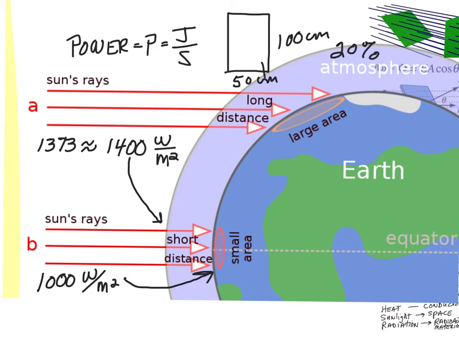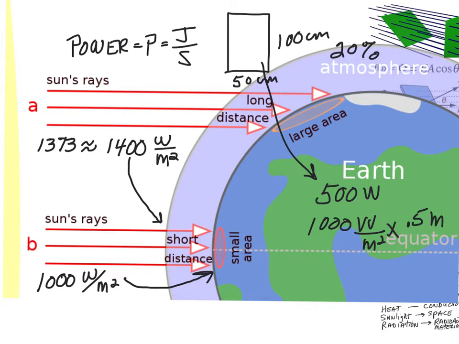Okay, what you should have gotten is, since this is half a square meter in area, about 500 watts is going to arrive, right? Because we have 1000 watts per square meter times 0.5 square meters, and the meters cancel, and so you get 500 watts of solar flux lands on the collector.